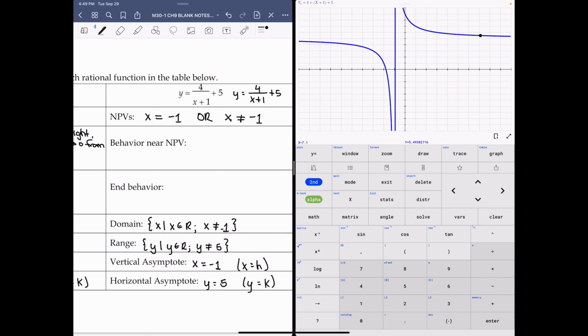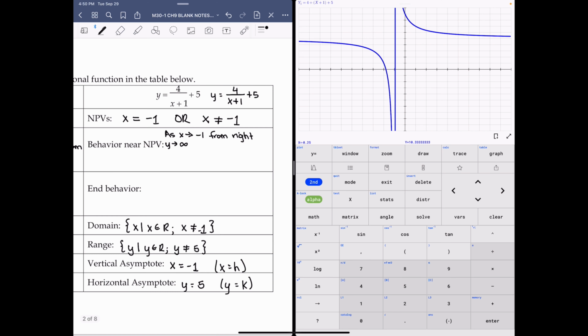As we approach the non-permissible value from the right-hand side, again, we're going higher and higher and higher with the y values, and they'll keep going higher. So as x approaches the non-permissible value, in this case -1, from the right, y approaches positive infinity.